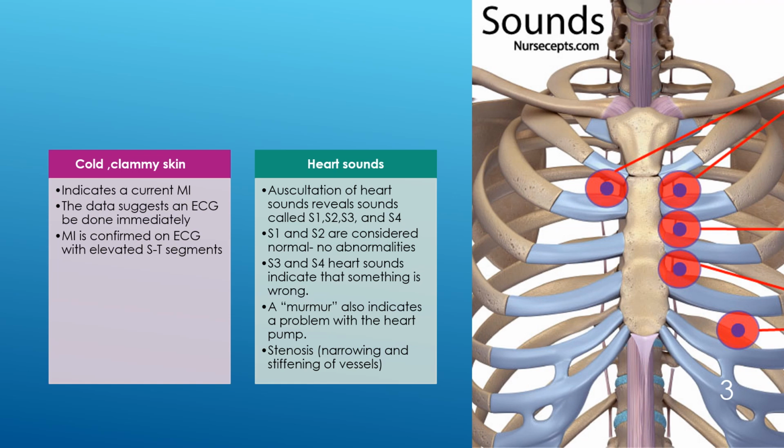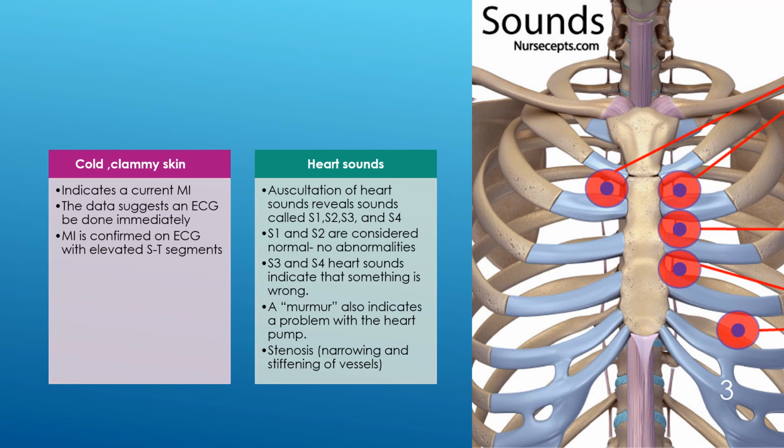If you happen to hear a heart sound with S3 or S4, that means you've got some kind of problem with your heart. And S4 is attributed to left ventricular dysfunction. So you should know S1, S2 is normal. It's mitral and tricuspid valves. When you start going to the S3s and S4s, then you've got some other issues going on.